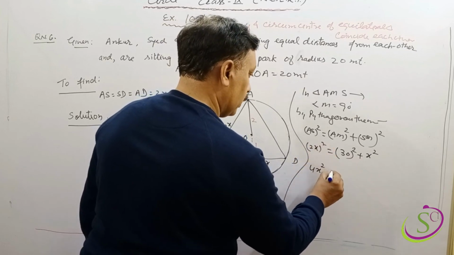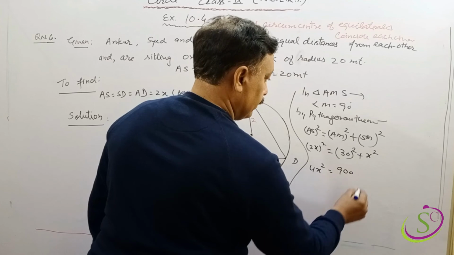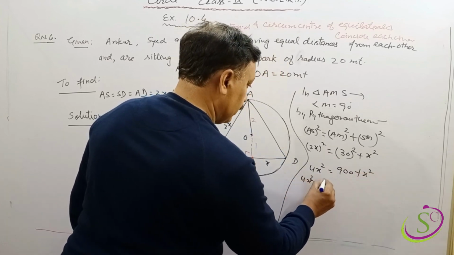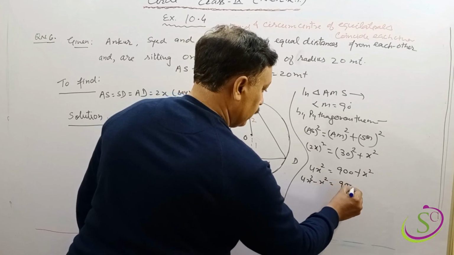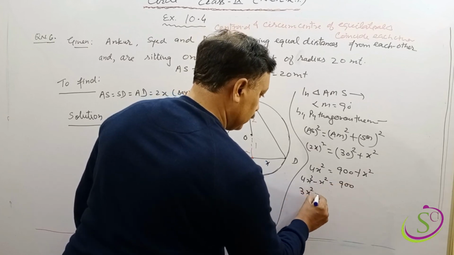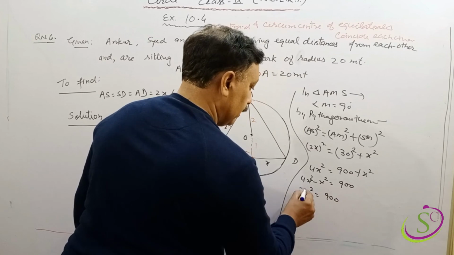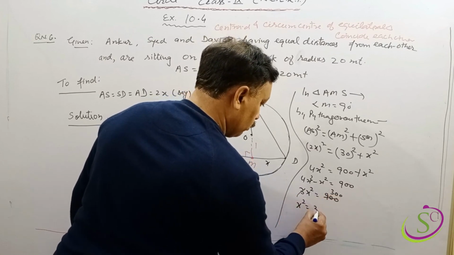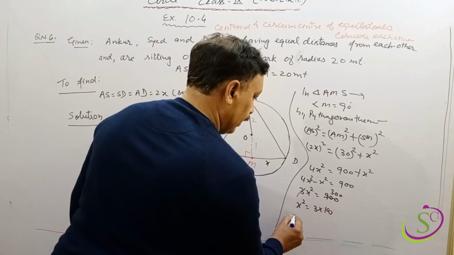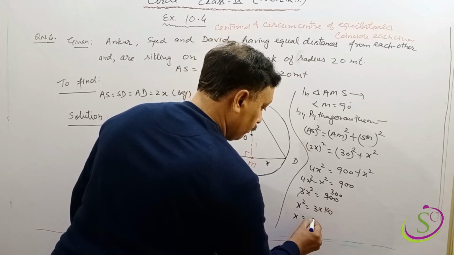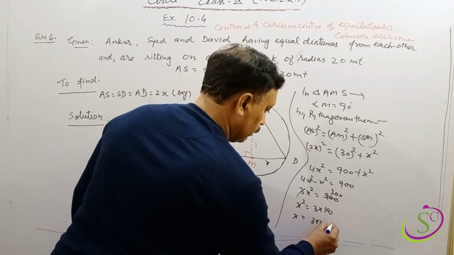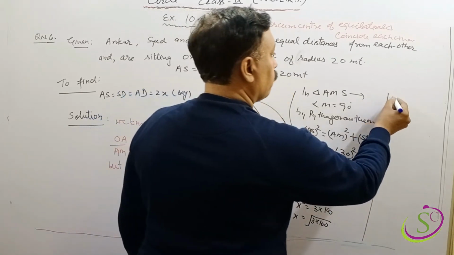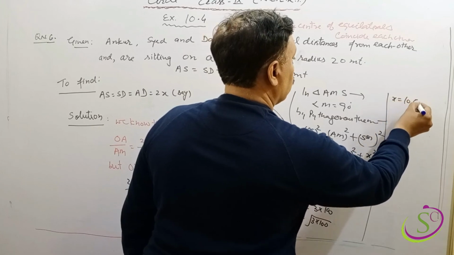It becomes 4x square equal to 900 plus x square. So 4x square minus x square equal to 900, and we get 3x square equal to 900, and 3 is a 9, 300. So x square equal to 3 into 100, and x equal to the square root of this, and we get x equal to 10 root 3.